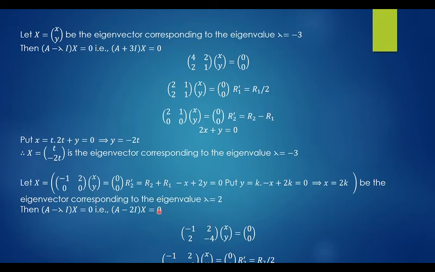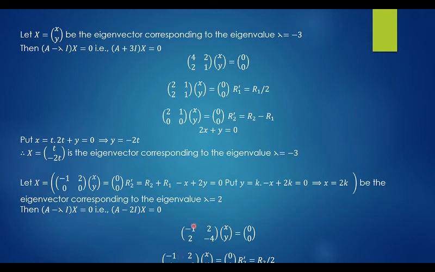Then you get the matrix A minus 2I, where the given matrix is A. Subtract 2 from the principal diagonal elements, and you get minus 1, 2 in the first row, 2, minus 4 in the second row. Remaining terms are like this.